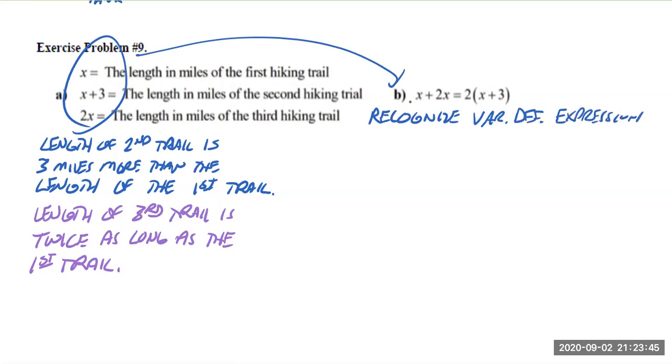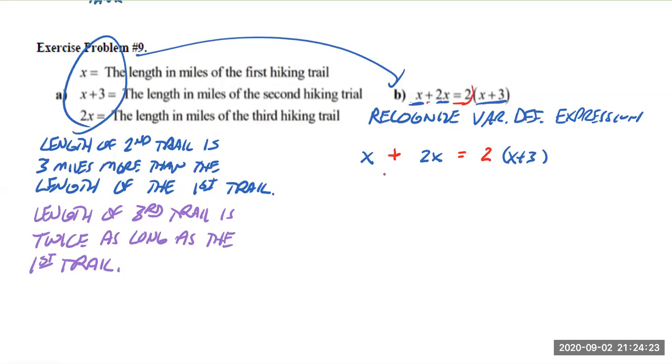I notice there's an x, there's a 2x, and then I see a 2 in parentheses x plus 3. So I have an x, which is recognizable, a 2x, and then the x plus 3 in parentheses. Now, I know what those represent: the length of the first trail, the third trail is 2x, and the second trail. And now I just need to interpret what the rest of it is defining.